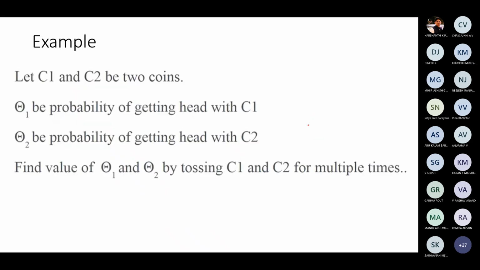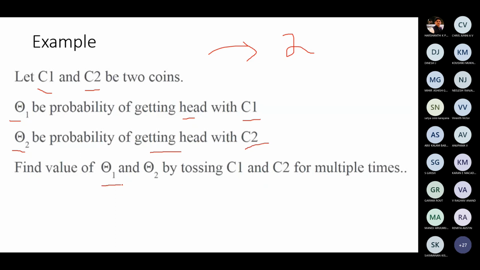Now let's begin, students. In the first case, everything is given. Raj knows which coin is going to come. Coin 1 is there, coin 2 is there. Two coins. Let theta 1 be the probability of getting heads with coin 1, and theta 2 be the probability of getting heads with coin 2.